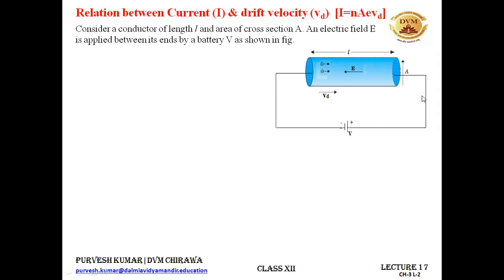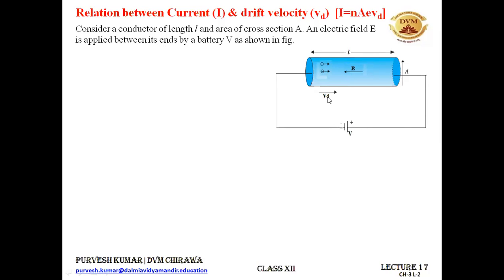So at its ends, we have applied a battery having a potential difference V, and because of the application of this battery, there exists an electric field. The direction of this electric field will be from the positive terminal of the battery towards the negative terminal. We all know that the electric field is always from the positive charge towards the negative charge. So that's why the electric field will be in this direction.